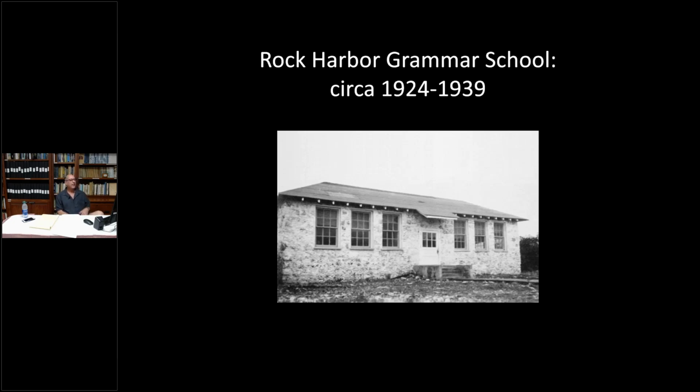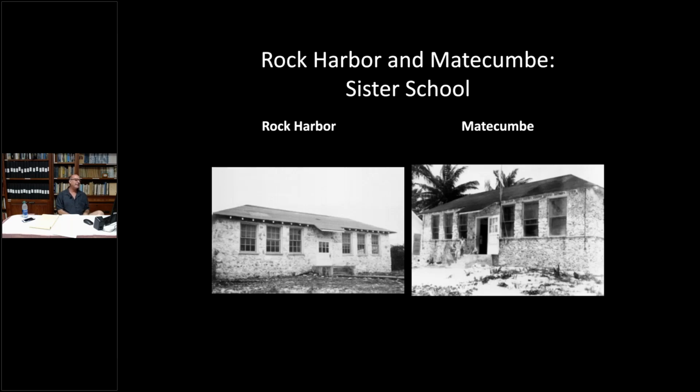You can still see this building stands, in a manner of speaking, about mile marker 97 point something in the median of the overseas highway. What's interesting about this school is that it is the sister school to the Matecumbe Grammar School, or actually, the Matecumbe School would be a sister school to the Rock Harbor School. The Matecumbe School was built after the Rock Harbor School.